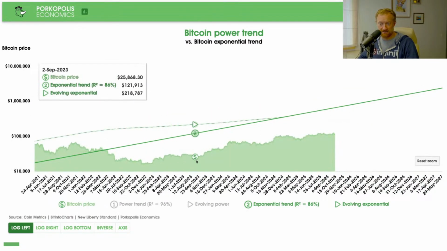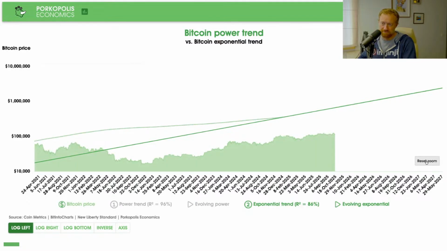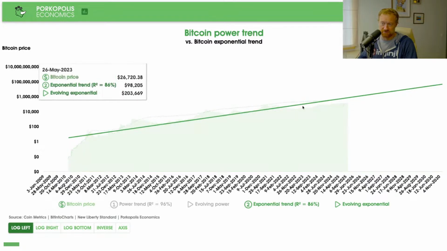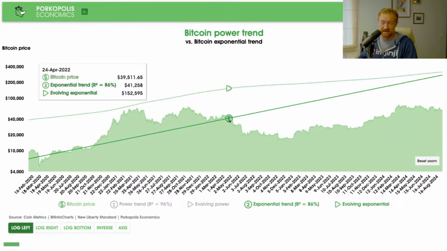Every day that there's a green price, that is the shaded area beneath the green line, it pulls the line down, tries to make a better fit. But it's not a great fit. You can see 86% R squared, it hasn't hit it since April 2022. And actually what that means is, this is what I wanted to talk about before. The exponential curve looked even completely different in April 2022.